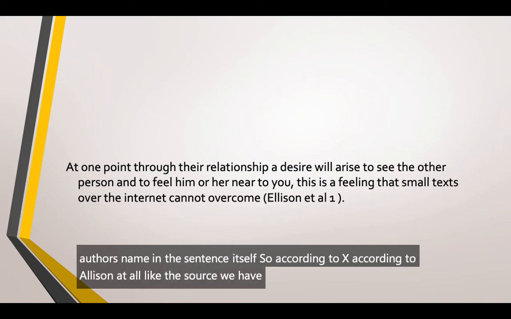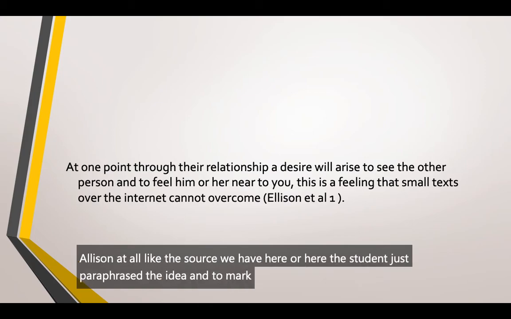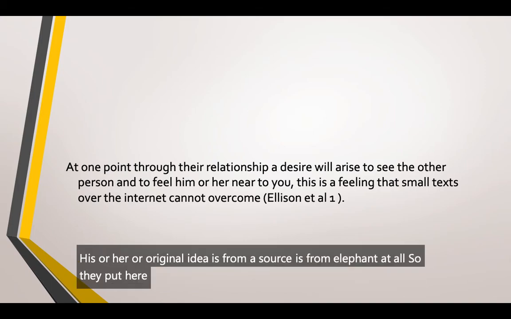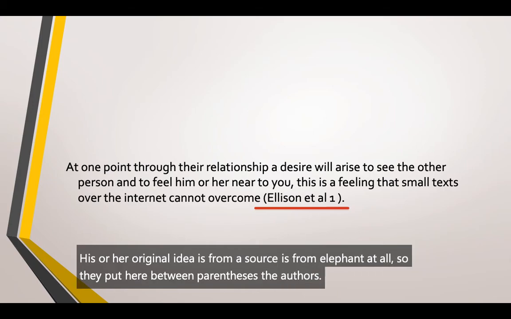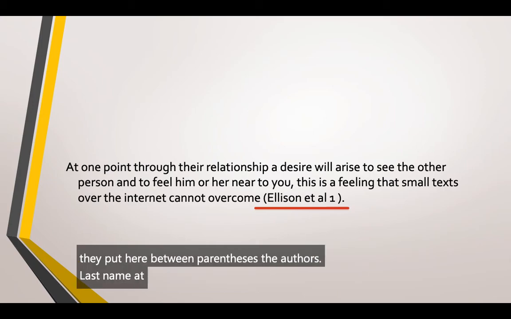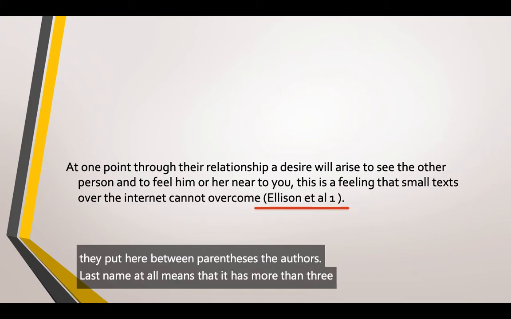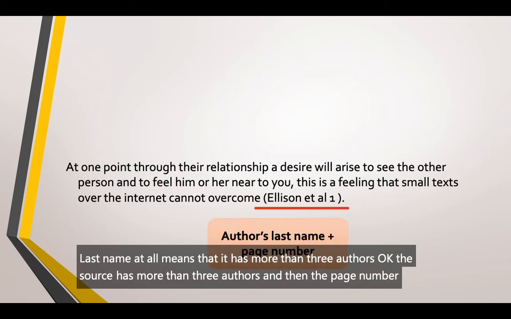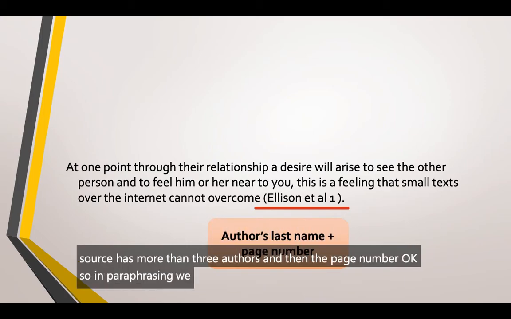Or here, the student just paraphrased the idea, and to signal that this idea is not his or her original idea, but is from Ellison et al., they put between parentheses the author's last name. Et al. means that the source has more than 3 authors, okay? And then the page number. So in paraphrasing, we always put the page number: the author's last name plus the page number, okay?